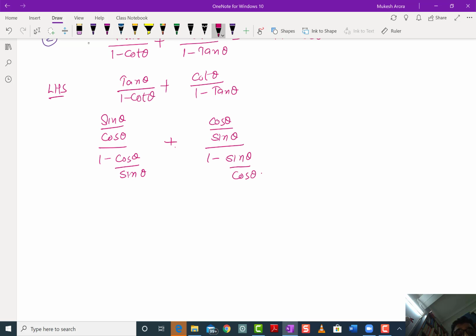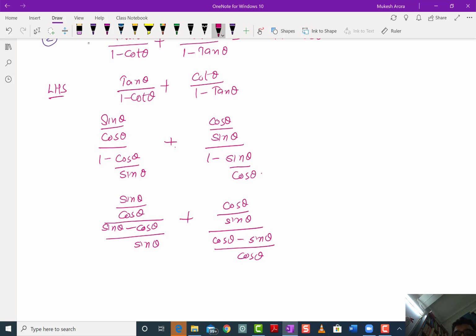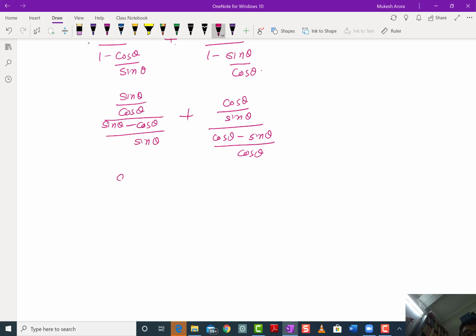So it will be sin theta by cos theta upon sin theta minus cos theta by sin theta, plus cos theta by sin theta upon cos theta minus sin theta by cos theta. When we take the reciprocal, it will be sin square theta upon cos theta into sin theta minus cos theta, plus cos square theta upon sin theta into cos theta minus sin theta.